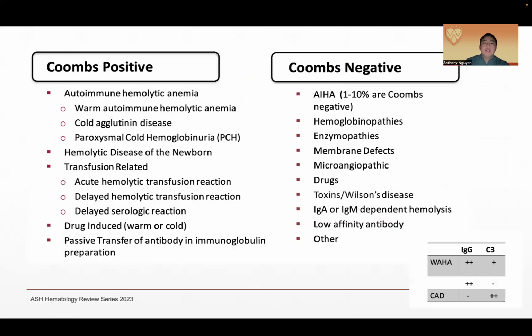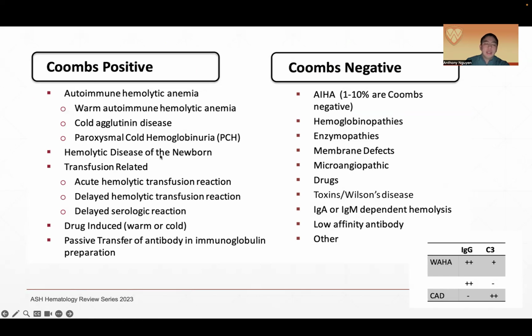So sometimes we also classify hemolytic anemias into Coombs positive and Coombs negative. Again, like we said before, in autoimmune hemolytic anemia, about 1 to 10% are Coombs negative. When we have Coombs positive, we consider autoimmune hemolytic anemia, such as warm autoimmune hemolytic anemia, cold agglutinin disease, and paroxysmal cold hemoglobinuria.